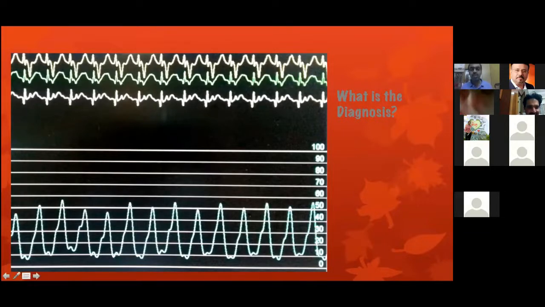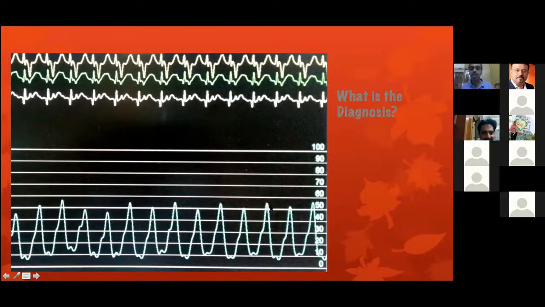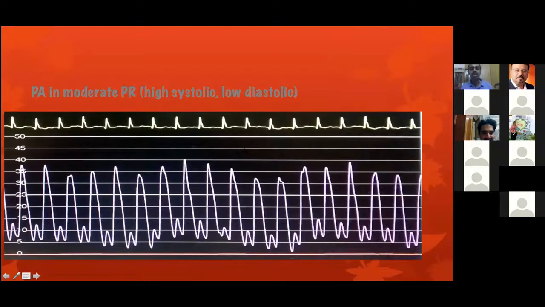Coming back to this particular pressure trace, there is a taller PA systolic going up to 50 to 55, but the diastolic is very low, 5 millimeters of mercury. So what does this mean? This is pulmonary regurgitation. Why in pulmonary regurgitation does PA systolic become higher? In any regurgitation, pulmonary regurgitation or aortic regurgitation, right ventricular and left ventricular stroke volume increases.